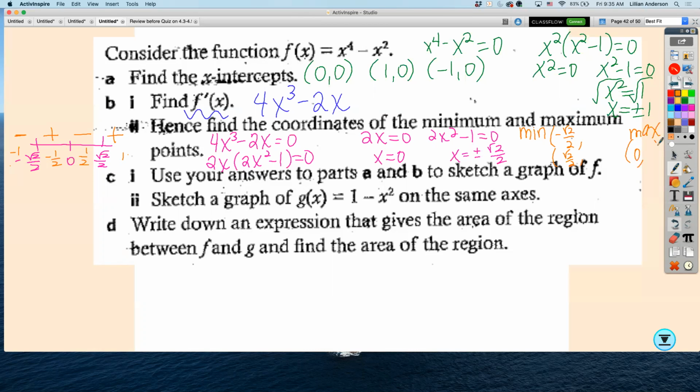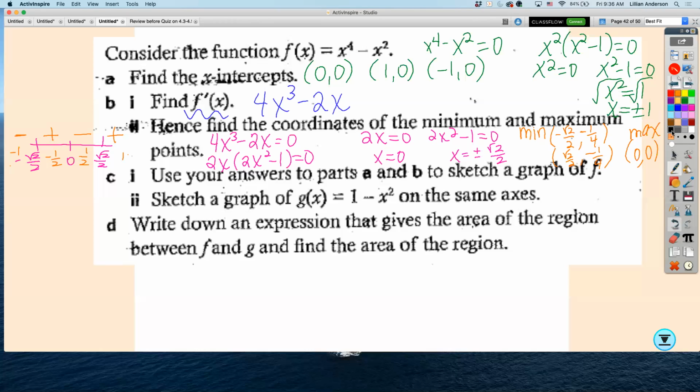So now we just have to find the y coordinates. How do I find the y coordinates when I'm given the x coordinates? Plug into the original. When I plug in negative root 2 over 2, or even positive root 2 over 2 into the original, what do I get? A negative 1/4. And when I plug in 0, so there are my coordinates.